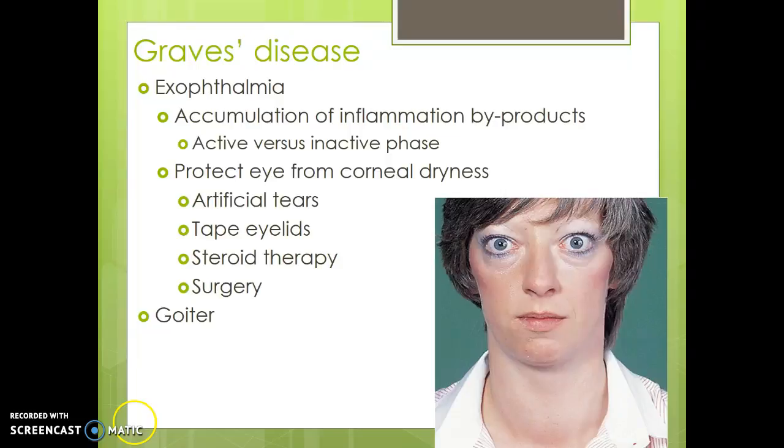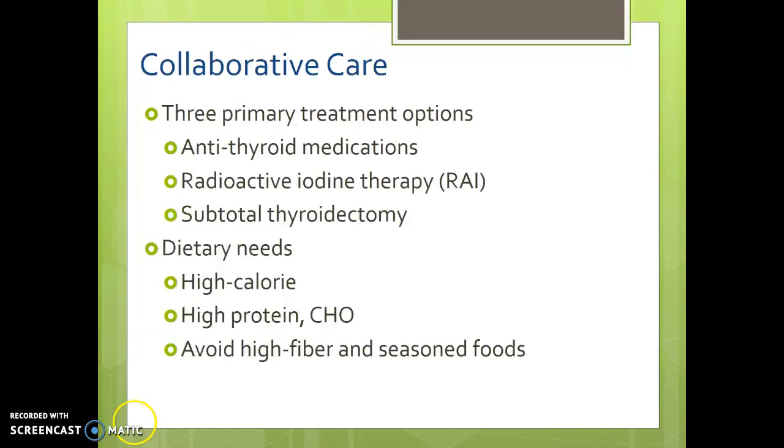Patients with Graves' disease will often have a goiter, and you can see on this patient how swollen this lady's neck is. That shows you what the goiter looks like. The main outcomes and things you're trying to accomplish with care: you want to put these patients on anti-thyroid medications. They may need to be on radioactive iodine therapy.